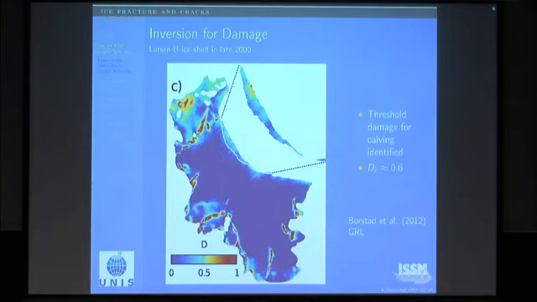So if we estimate what we think the ice temperature is, then we can invert for this damage parameter, this continuum parameter for representing fractures. So these are some results looking at the state of the Larsen B ice shelf before it collapsed in 2002, where red colors are damaged and blue colors are undamaged.